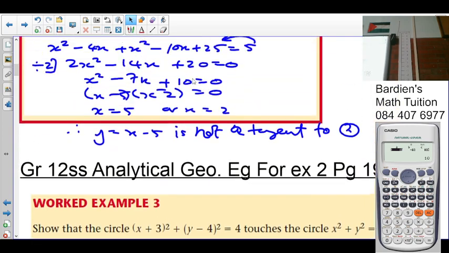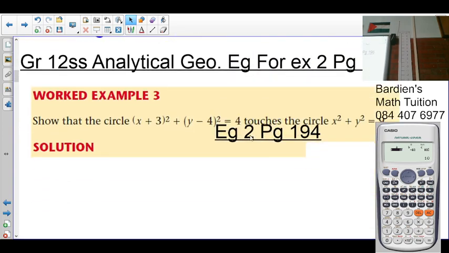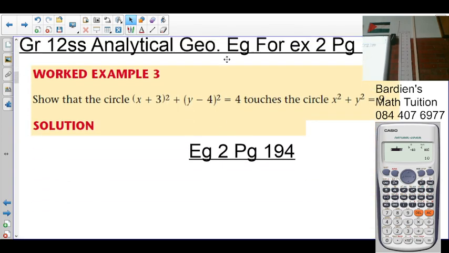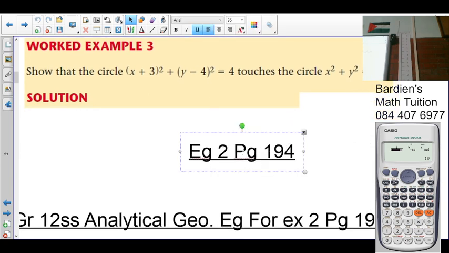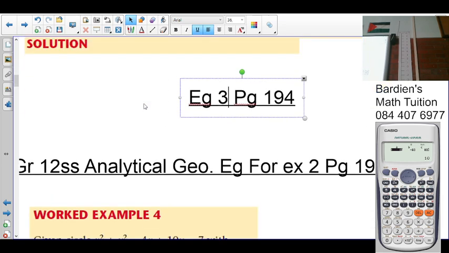Alright, let's look at example 3, which is on page 194. Something you must consider here before we go into this is some theory.